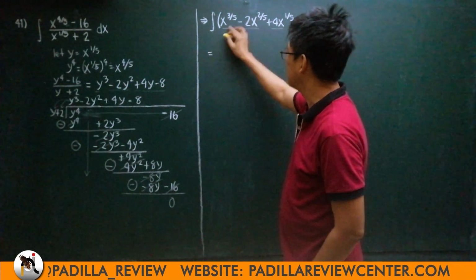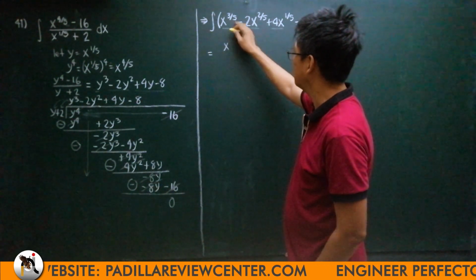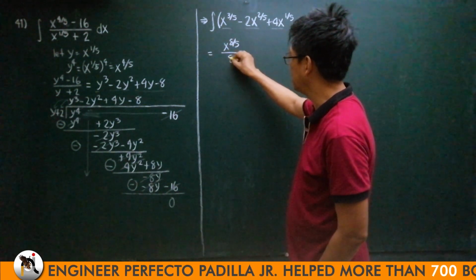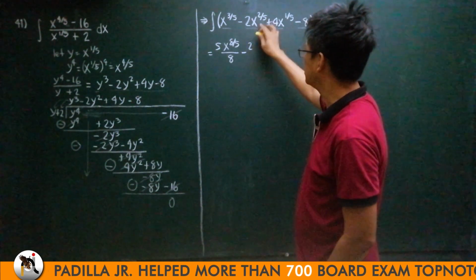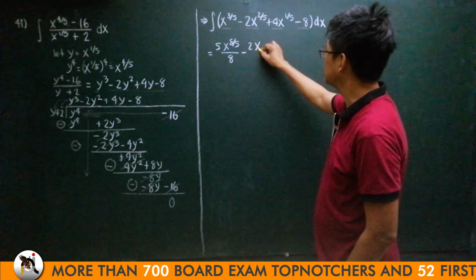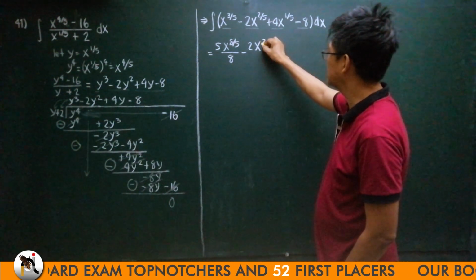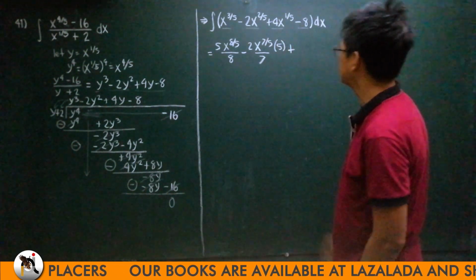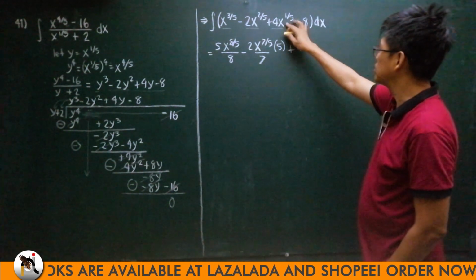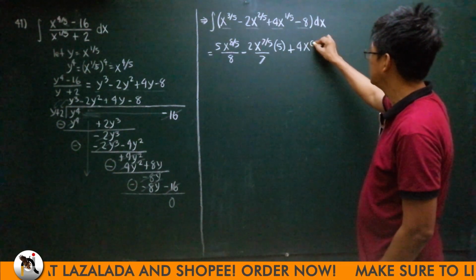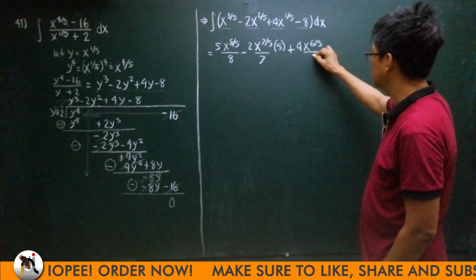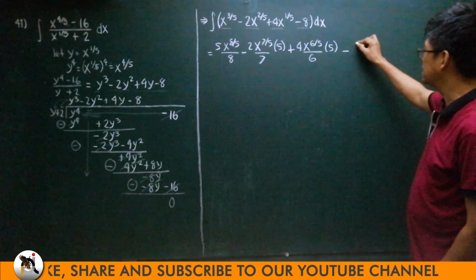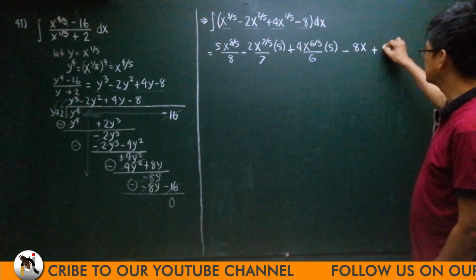So this is going to be the integral of x to the 3/5, which is x to the 3/5 plus 1, that is 8/5, over 8/5, minus 2 integral of x to the 2/5 is x to the 7/5 over 7/5, plus 4 integral of x to the 1/5 is x to the 6/5 over 6/5, minus 8 integral of dx, that is x, plus c.